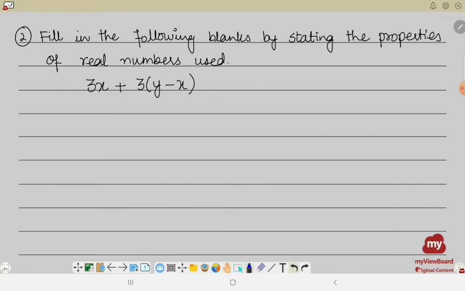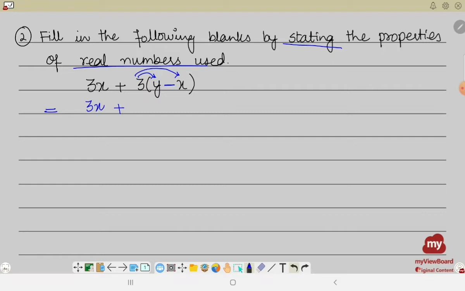Question number 2 is to fill in the following blanks by stating the properties of real numbers used. So 3x plus 3 into y minus x. Let's solve it and see what you have to write in the blanks. When you multiply 3 by y and 3 by minus x, you are distributing this multiplication over the subtraction.